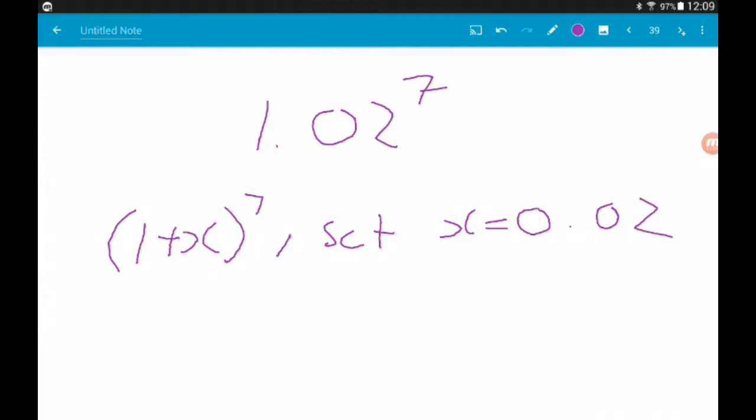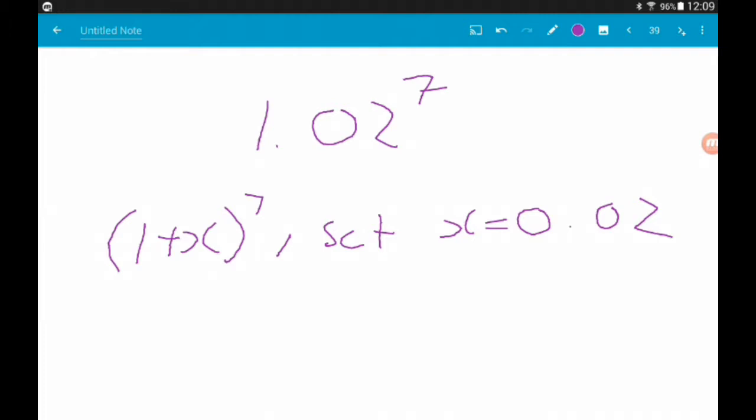So we don't really have to worry about them because they are not going to make much difference to the answer. So here, for example, when x is 0.02, even x to the power of 4 is going to be ridiculously small. That's 0.02 times 0.02 times 0.02 times 0.02. So we can quite happily ignore higher powered terms of x when we are using approximations.